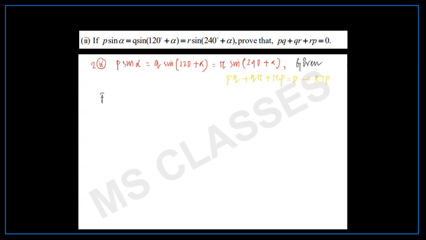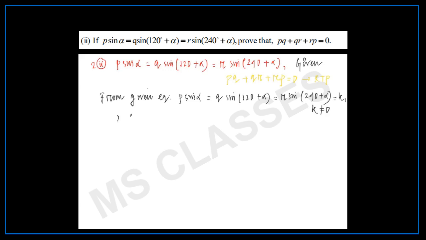From the given equation, P sin alpha equals Q sin (120 plus alpha) equals R sin (240 plus alpha) equals K. K is not equal to 0, K is an arbitrary constant.